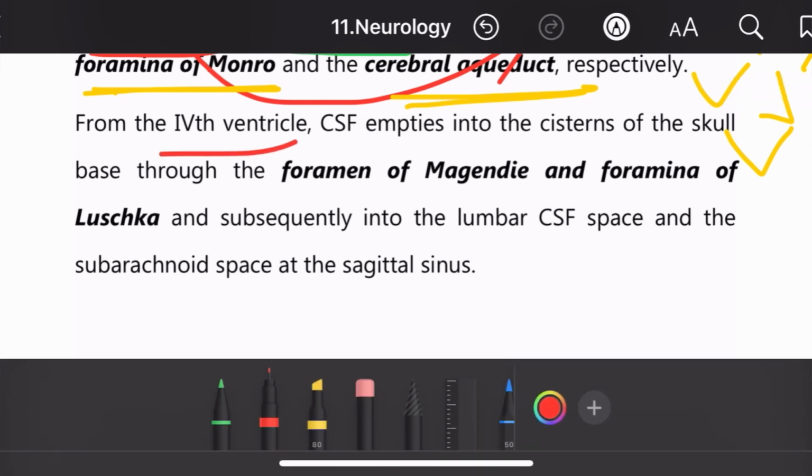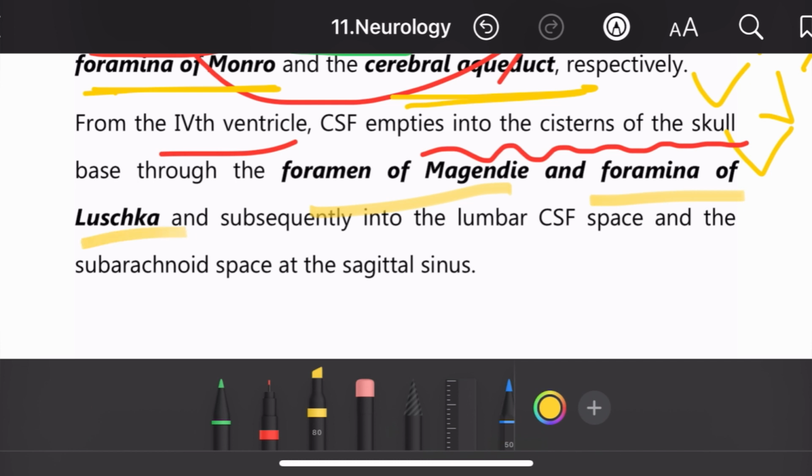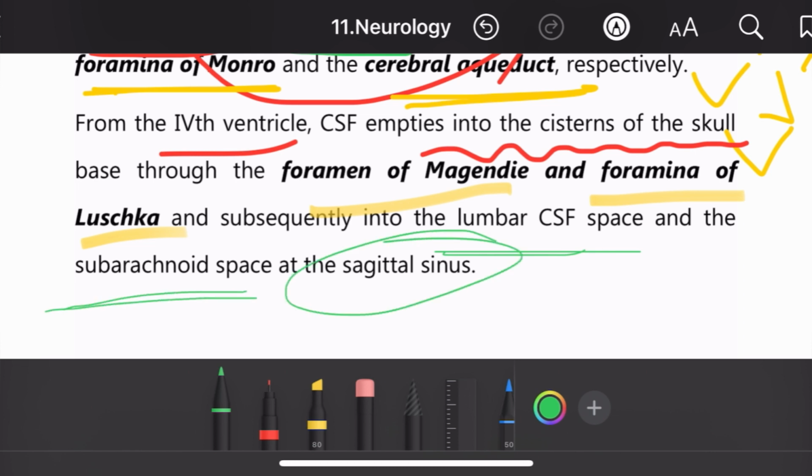From the fourth ventricle, the CSF empties into the cisterns of the skull through the foramen of Magendie and the foramen of Luschka. These two foramina empty into the cisterns of the skull, and from there it goes into the lumbar CSF space and the subarachnoid space at the sagittal sinus. So through the foramen of Magendie and foramen of Luschka it comes to the lumbar CSF space in the spinal cord, plus it is in the sagittal sinus.